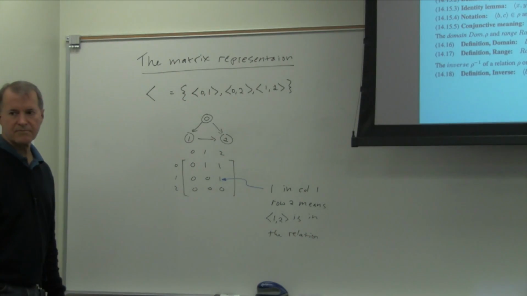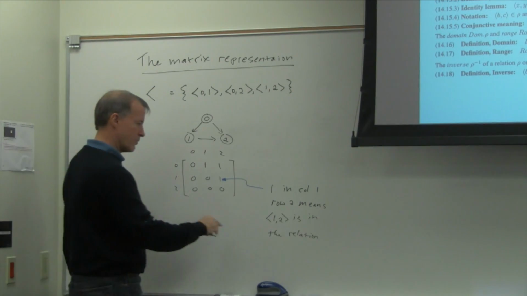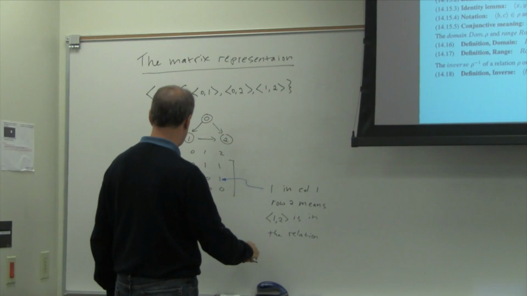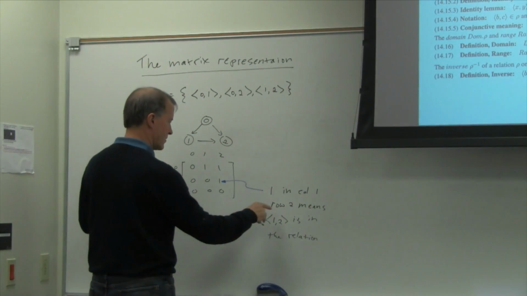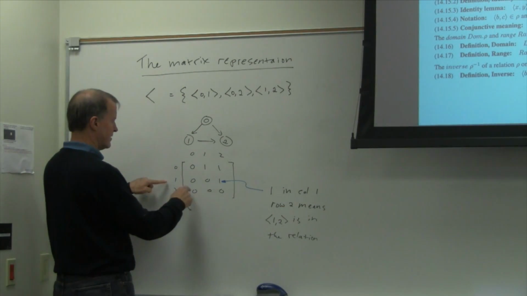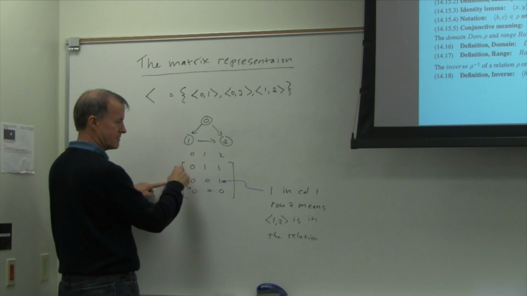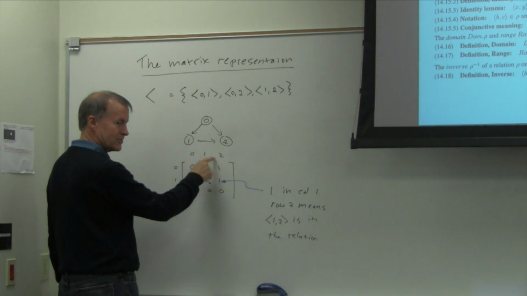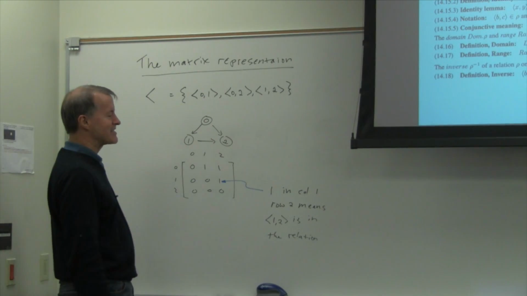Is it column 3 or column 1? Wait, it's row 1, column 2. Row 2 is this, and this is the column. Are you going by the numbers or by the actual rows? 0, 1, 2, 0, 1, 2. I did not say second row.